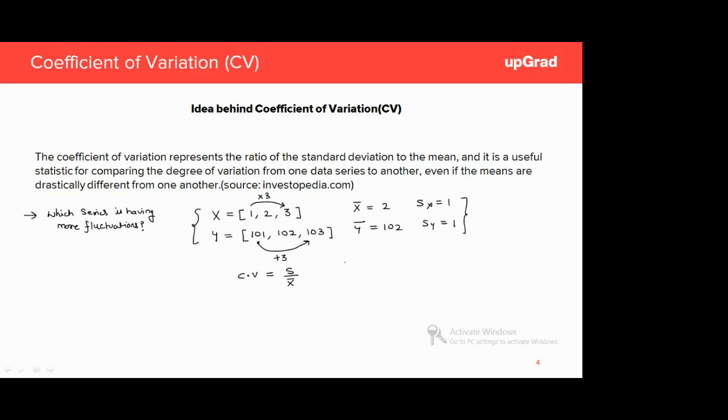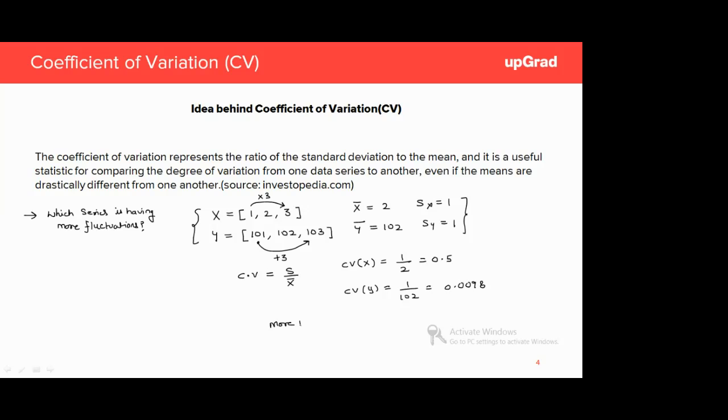If we calculate the coefficient of variation for X series, it will be 1 divided by 2, which is 0.5. And if you calculate the coefficient of variation of Y series, this will be 1 divided by 102, which is 0.0098. So what is the answer over here?